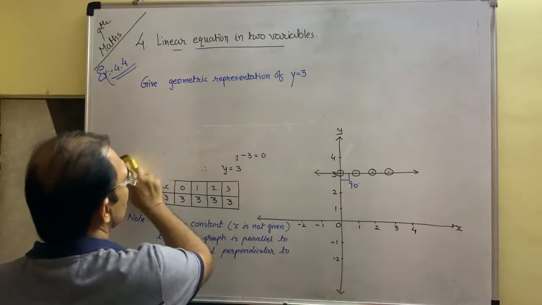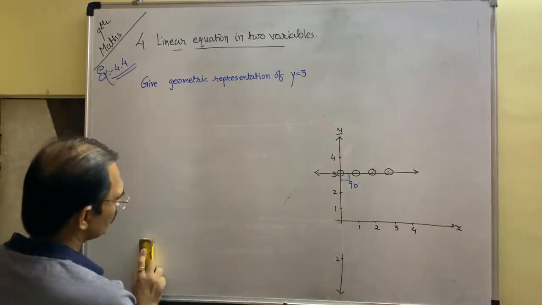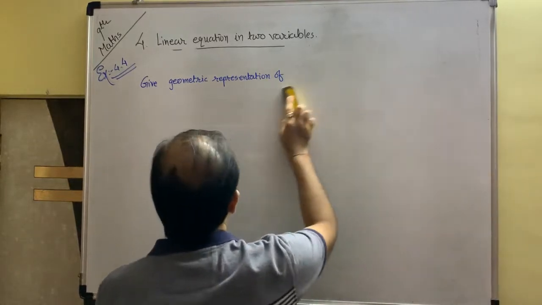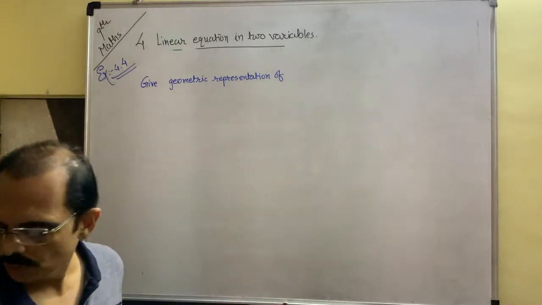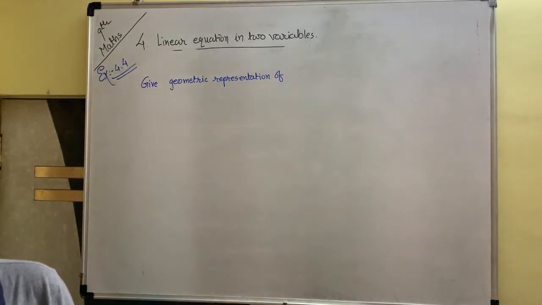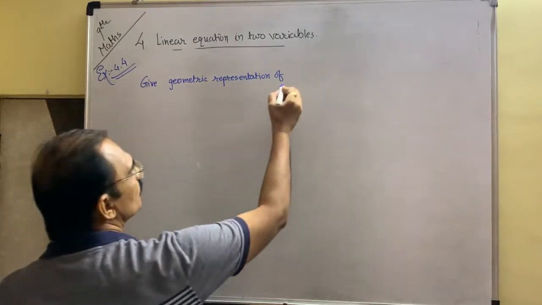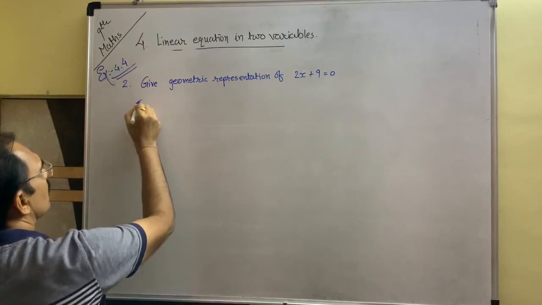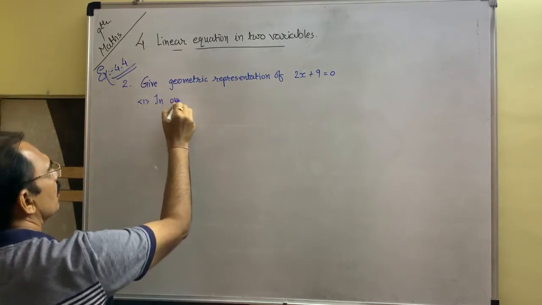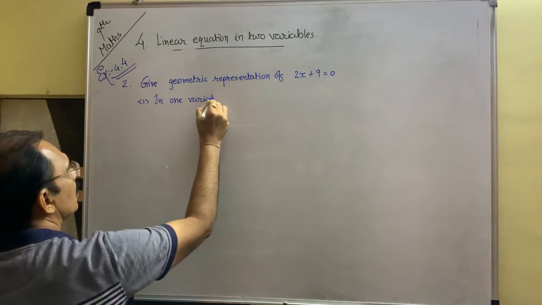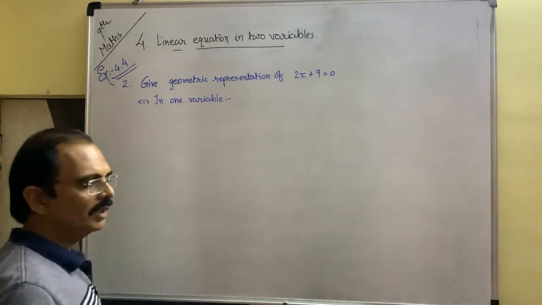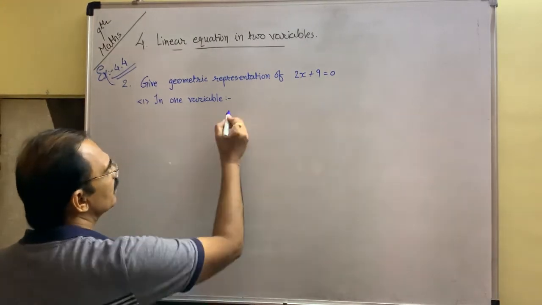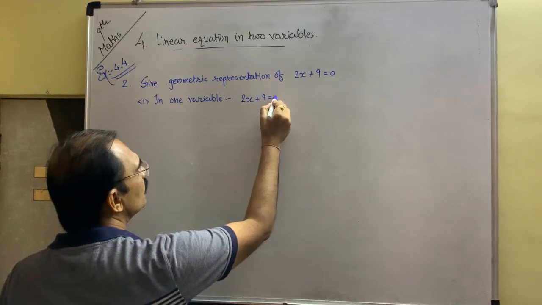Give the geometric representation of 2x plus 9 equals to 0 as an equation in one variable. See, if there is one variable, we don't think about y. Consider only this equation, 2x plus 9 equal to 0.